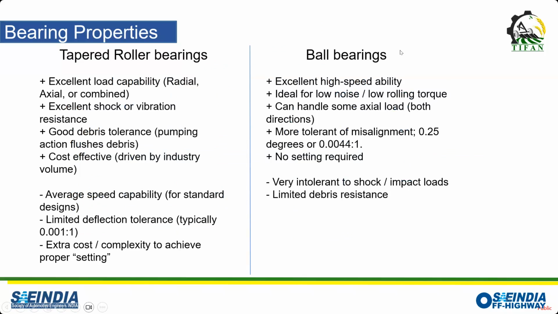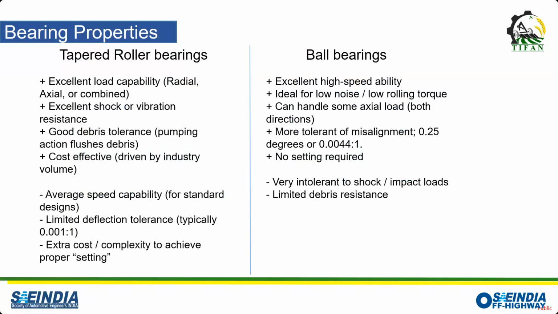Okay, so let's say you have two bearings selected. One is the taper roller bearing and another one is the ball bearing. Now you want to make sure which one I need to go ahead with, which bearing I need to take. As I said, there are other parameters in the earlier slide; here also are some important aspects of these rollers.